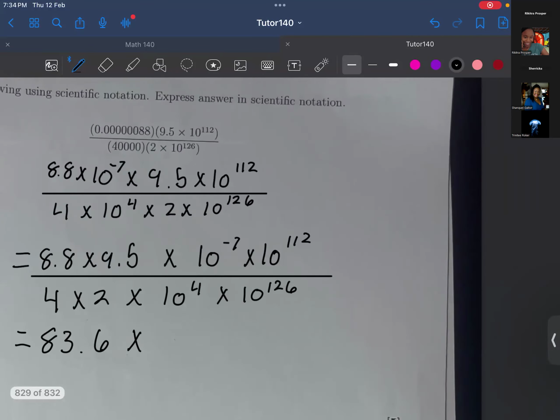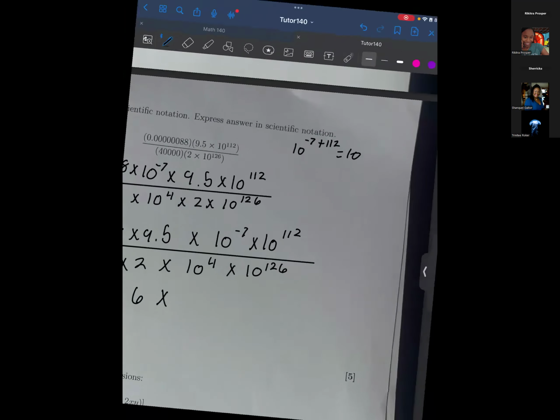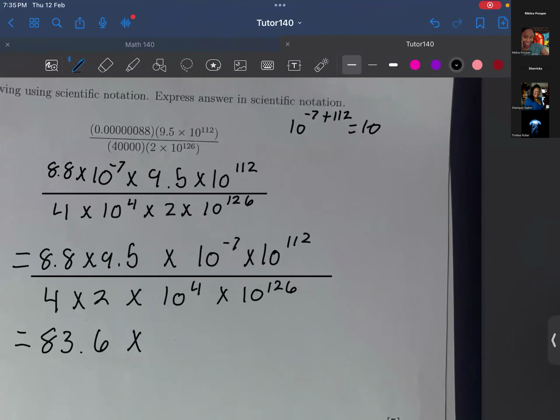So this is the product rule. When you multiply with the same base, you add the exponents. So we have 10 to the power negative 7 times 10 to the power 112. That's 10 to the power negative 7 plus 112, which is 112 minus 7. That's 105.